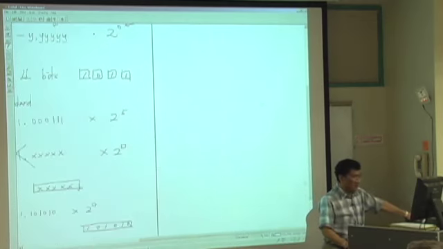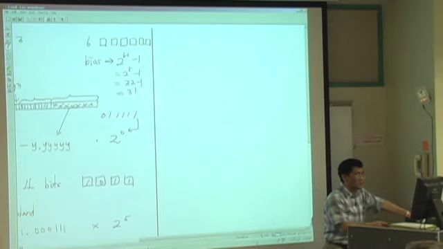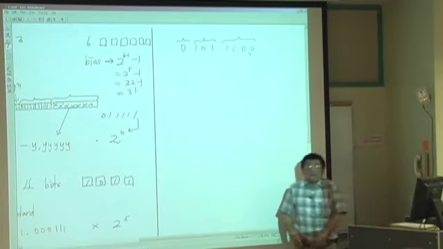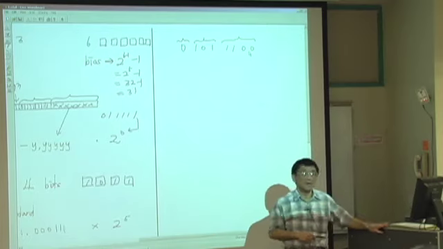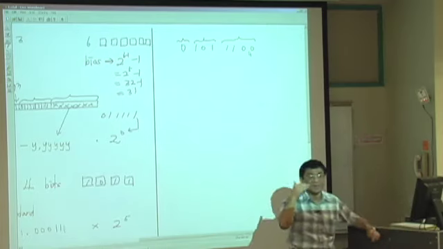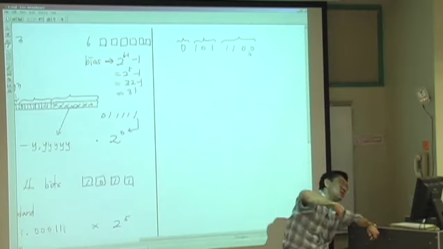Then I will ask you to convert bits to numbers. So what does this mean? Sign bit, exponent bits, fraction bits. So please find this number in decimal form. Of course, first find it in binary form and then convert it to decimal form.